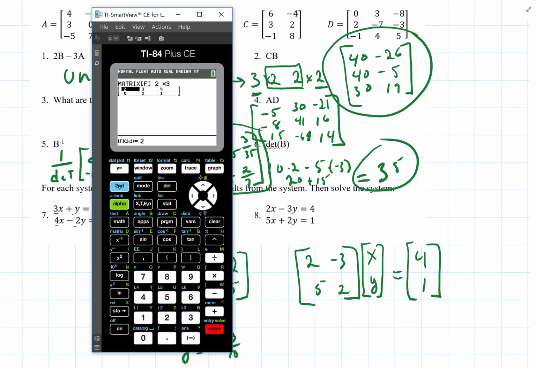And again, double check and make sure we've got everything entered correctly. I see that my 3 should have been negative. We'll fix that. Everything looks good now. Quit back up to the command screen.